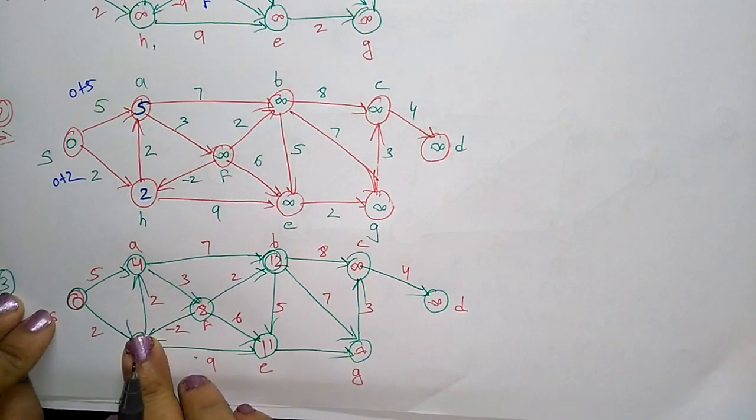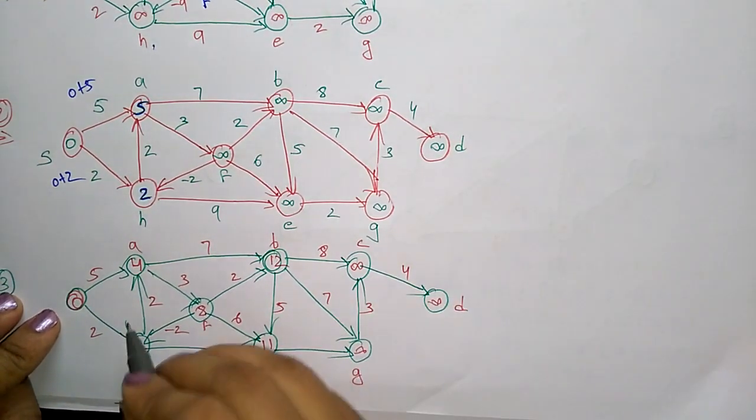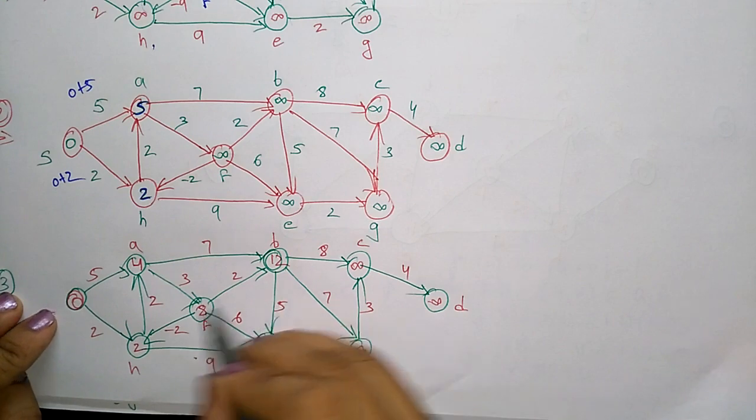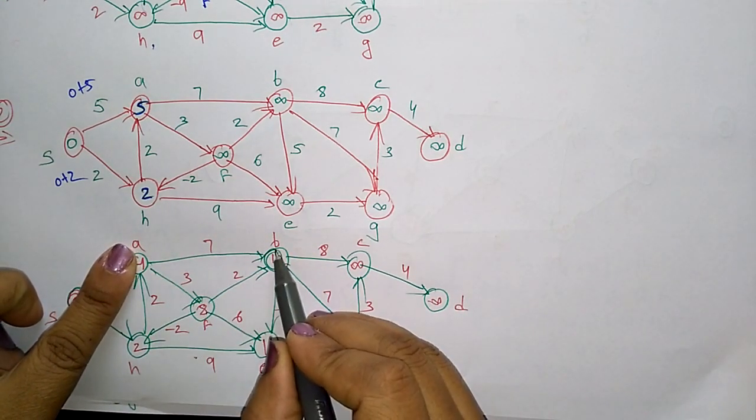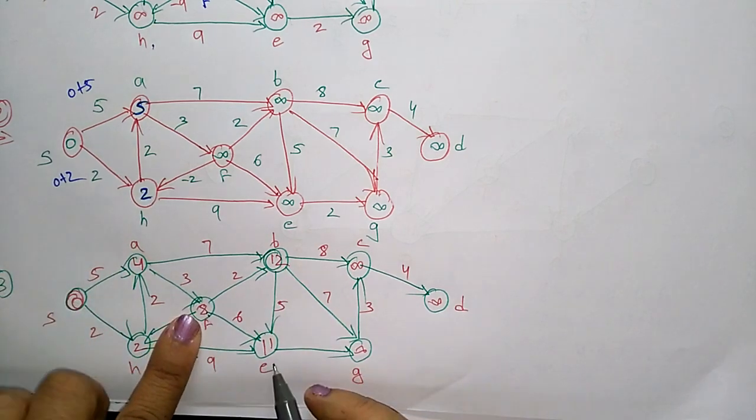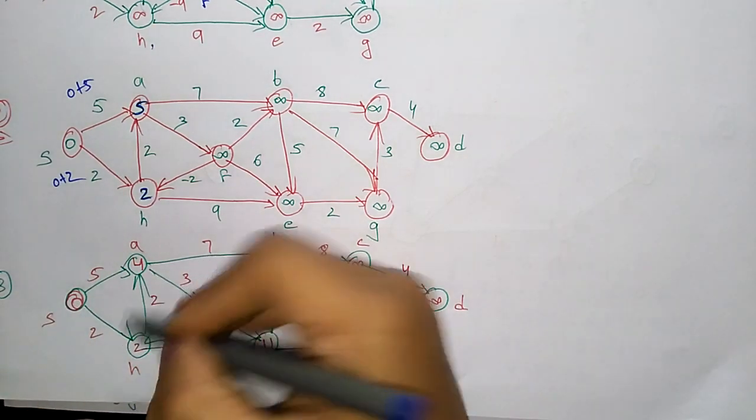In the next step, the vertices A, B, F, E. So A and H are already updated.